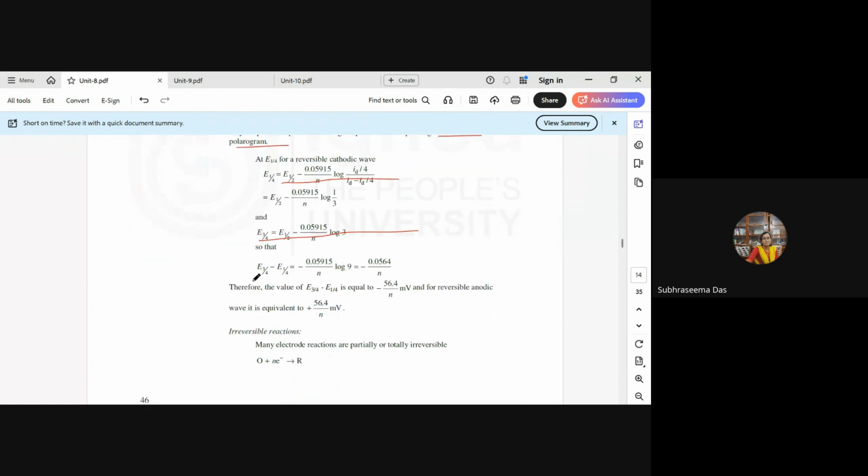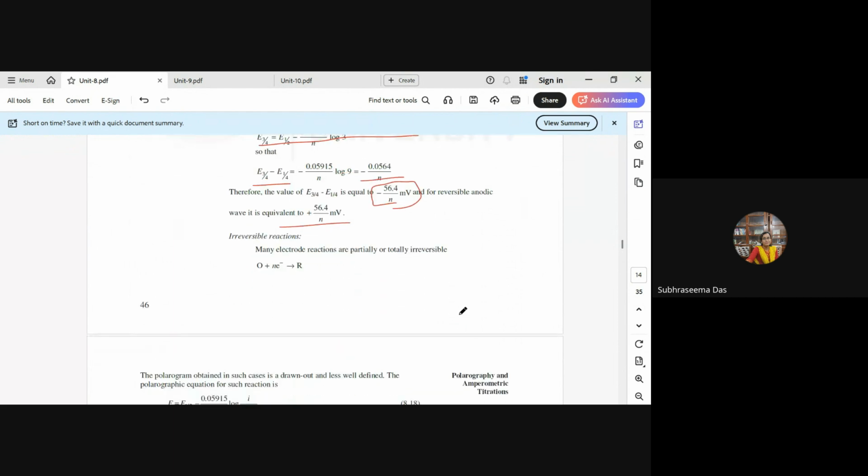Then E3 by 4 minus E1 by 4 gives us this value. Altogether, on substituting, the value comes to be minus 56.4 by n mV, and for a reversible anodic wave it is equal to plus 56.4 by n mV.